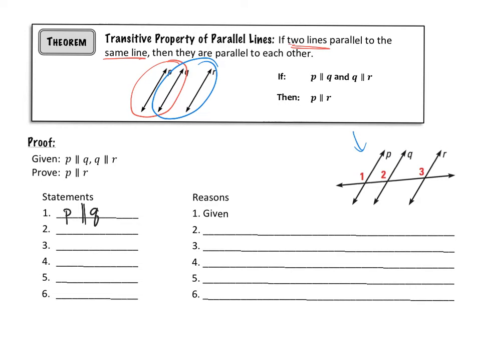So from that, I do have angle 1 and angle 2 that are corresponding angles, and so based on our corresponding angles converse, I can say that angle 1 is congruent to angle 2. Based on just that first given and what I have in the diagram, that's all I can do right now.